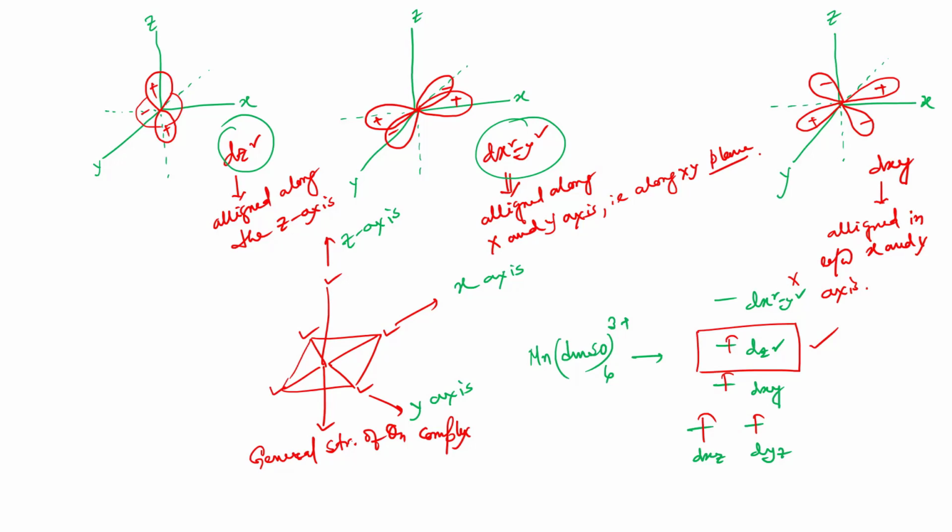Now, going to the original structure of the compound, if the Mn(DMSO)6 3+ is an ideal octahedral system, the structure will be this.